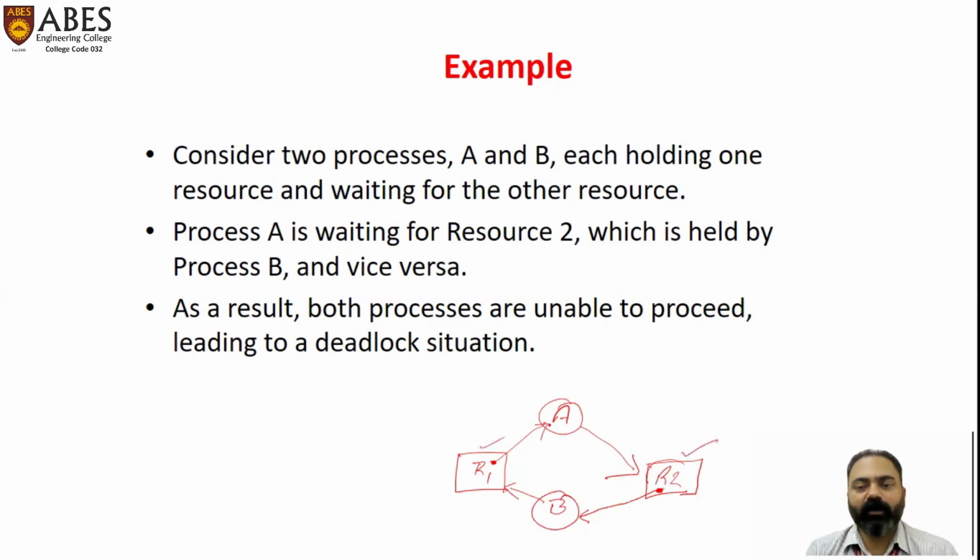So we can check here, A is requesting for R2 and already holds R1, and B holds R2 and is requesting for R1, which is already in possession of A. So here this makes a loop or cycle, and neither A nor B will get executed. Here is the jam. This is called deadlock.